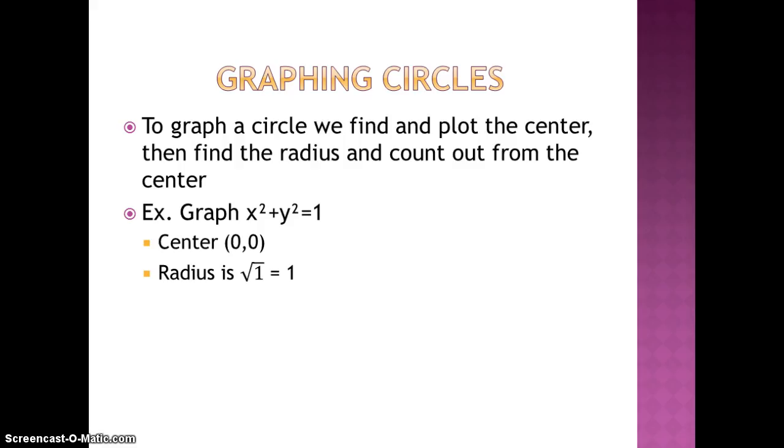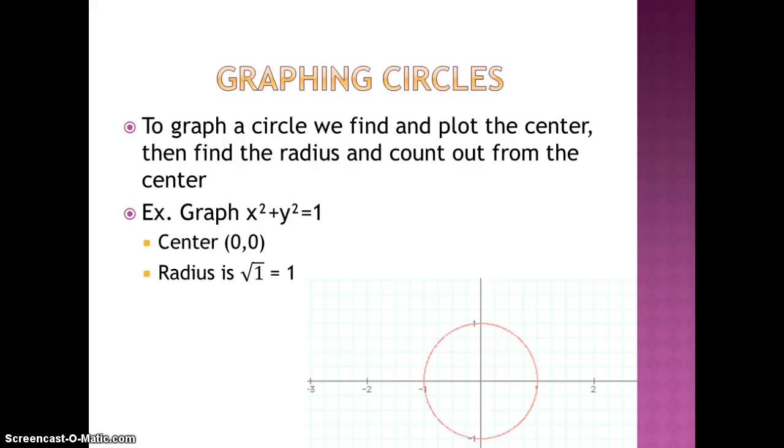So when we graph it, we're going to put a point at (0, 0), which is our center, and then count 1 unit out from the center to create our circle. And this is what the graph should look like of the circle.